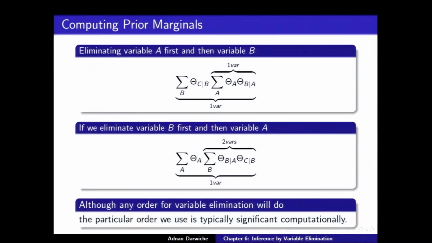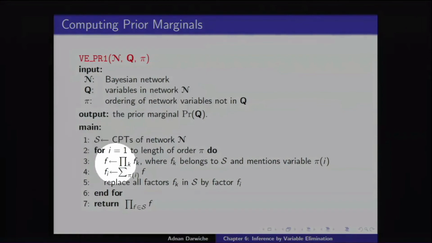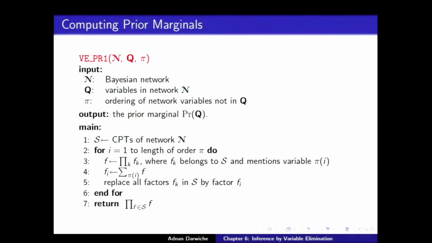So on line 4, the largest factor that I ever constructed was over 1 variable. That's the thing I want to remember. When you execute this algorithm using a particular variable order, what is the largest factor you construct? I want to keep track of that because that's going to characterize the complexity of this algorithm. The loop is n, and that's the w, in this case 1.